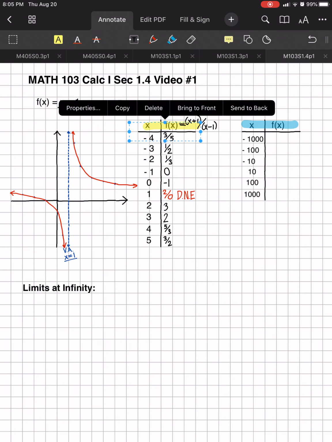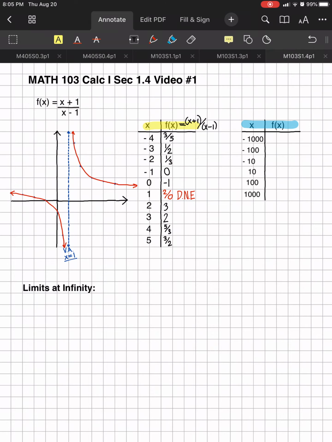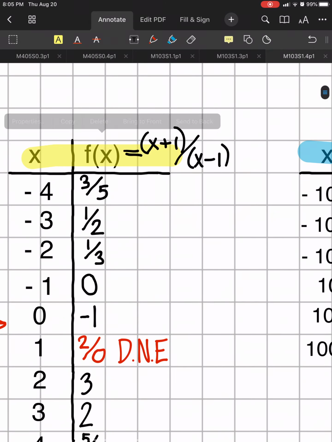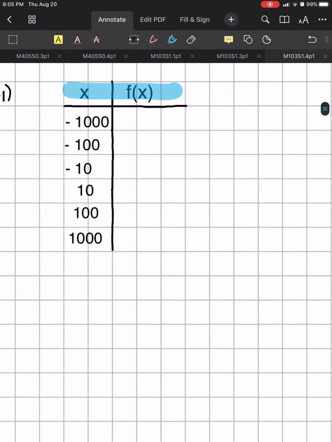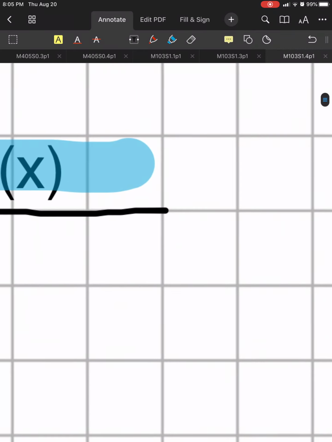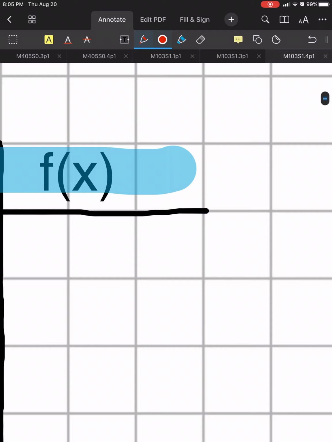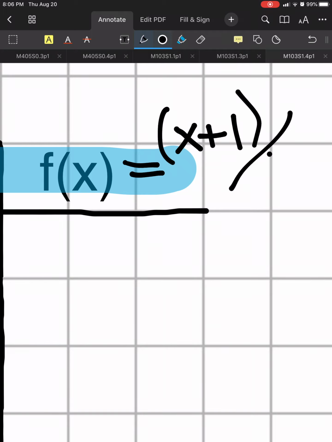Okay, if you are back, hang on, let me see if I can, there we go. If you're back, we should be able to get these. Let me go ahead and fill the function in again. This is x plus 1 over x minus 1.